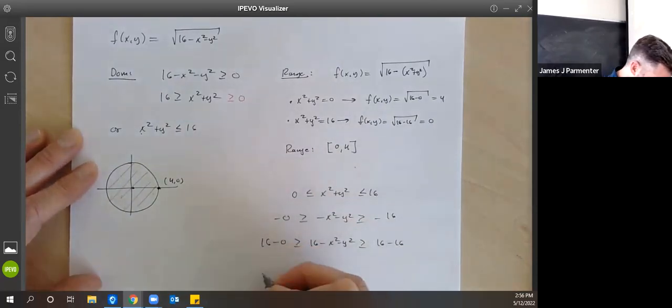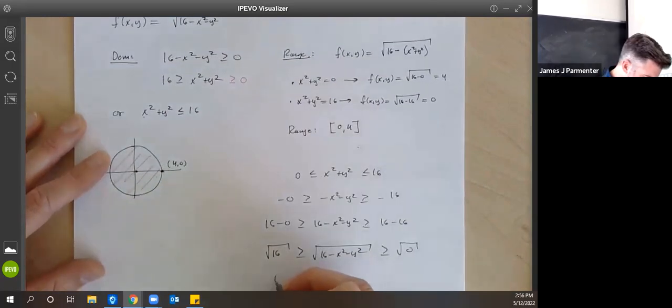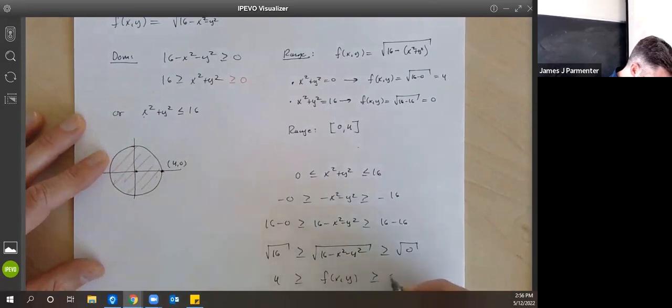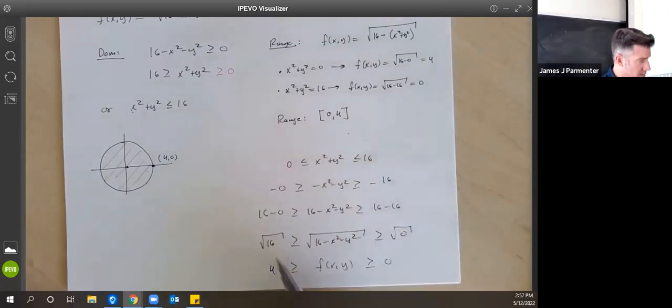And then take the square root of everything. So, oh yeah, you definitely get your function between 0 and 4. But it's not that this is wrong, this is totally right.